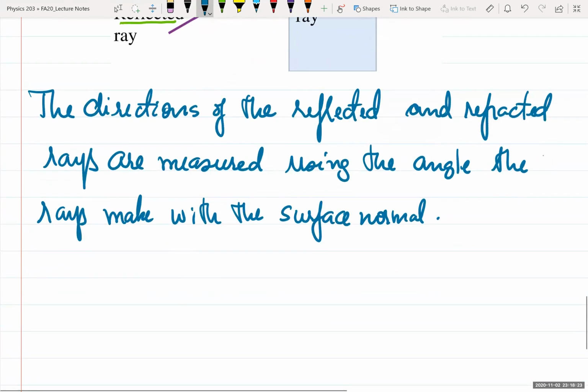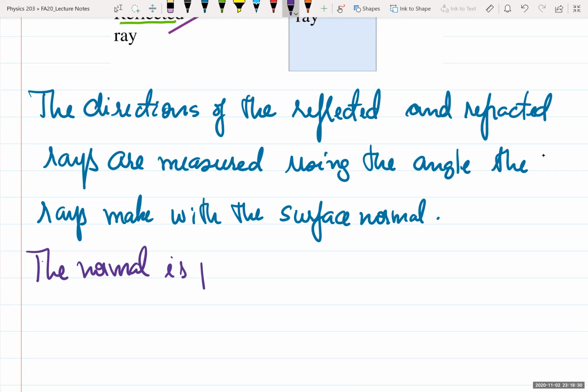Okay, and the normal is a perpendicular line to the boundary.